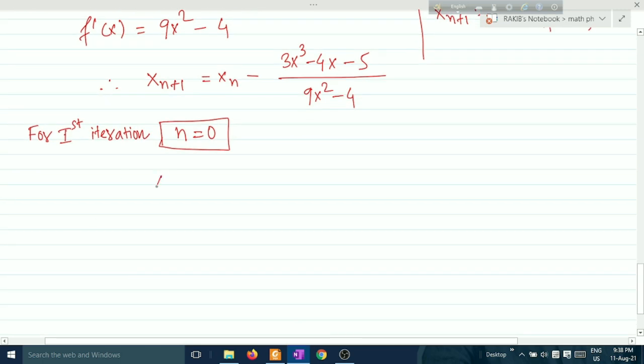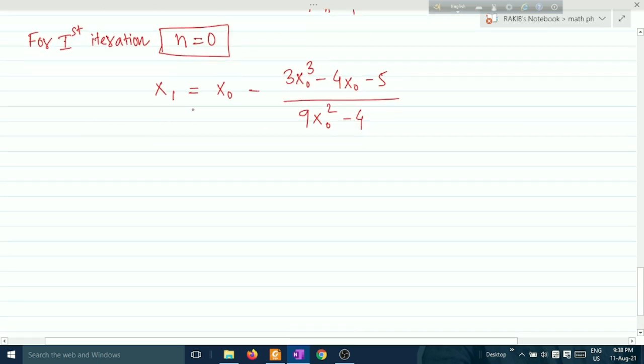Therefore the formula becomes x1 equals x0 minus (3x0 cube minus 4x0 minus 5) over (9x0 square minus 4).